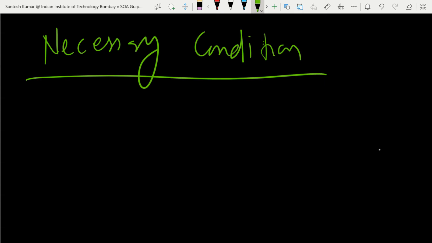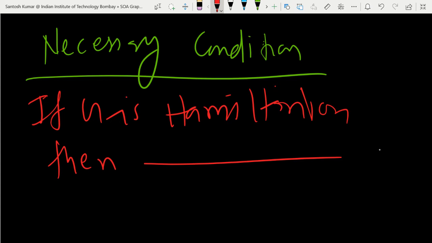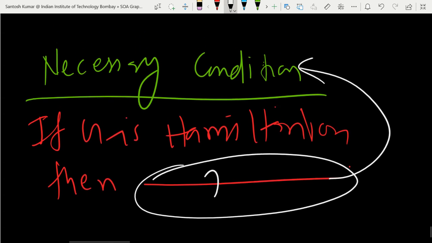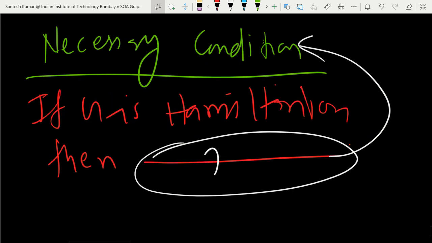Necessary condition means we want to know, if graph G is Hamiltonian, then what is the condition? This condition is called necessary. Whatever we write here is the necessary condition for Hamiltonian.